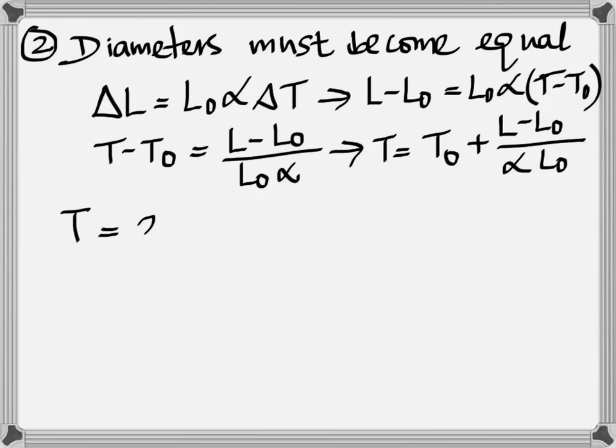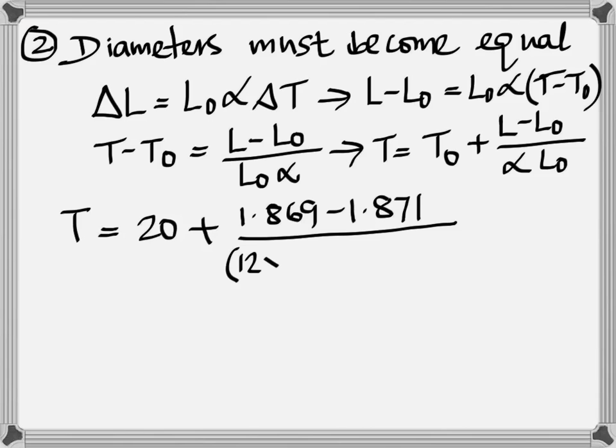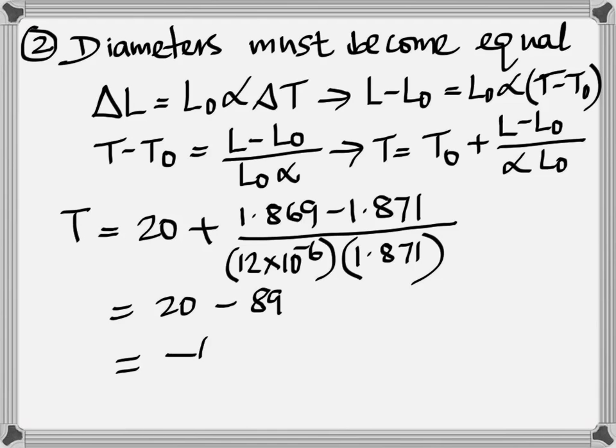T is T naught, which is the initial, plus that quantity. Therefore, it has to be cooled down to negative 69 degrees Celsius.